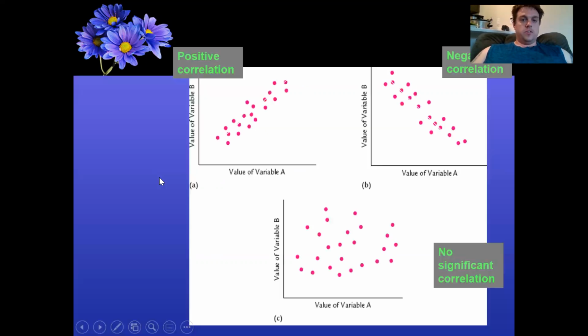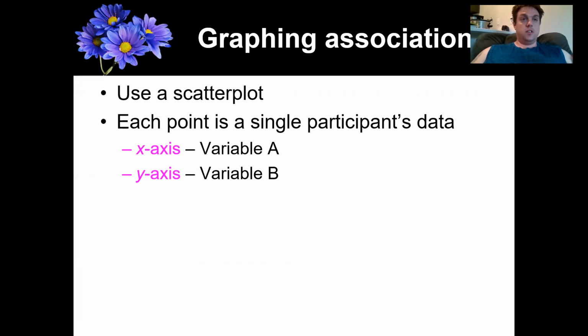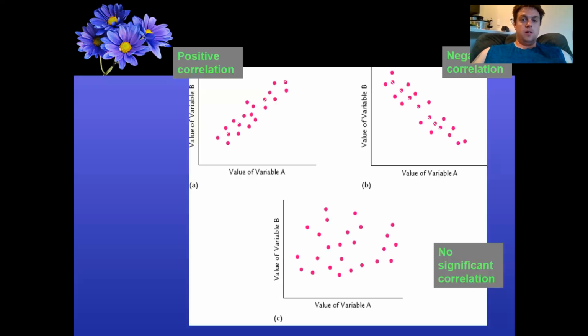What you then do is you're just going to plot those two things, and each individual point on the scatter plot is going to be a participant's score on both those values. So let's say this point here, that's going to be one participant who had, I don't know, size 9 shoes, and they were, I don't know, this tall, 5'9".